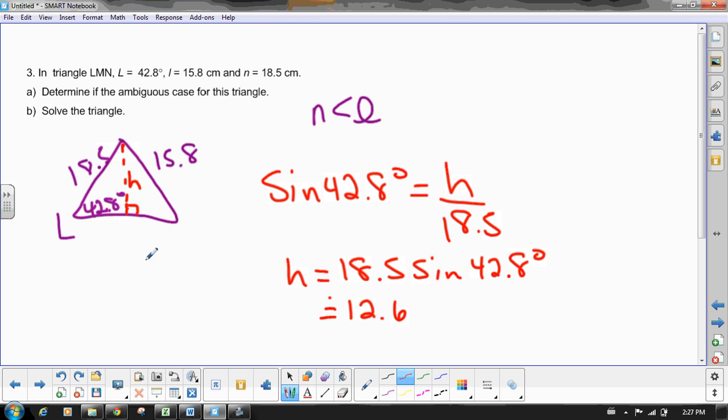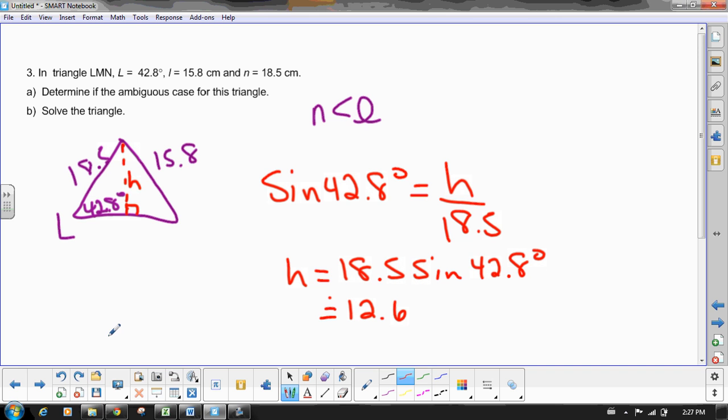Okay, so this 12.6 gives us a lot of information. If this side over here, this 18.5, is bigger than L, then this is why we need to do this little work.